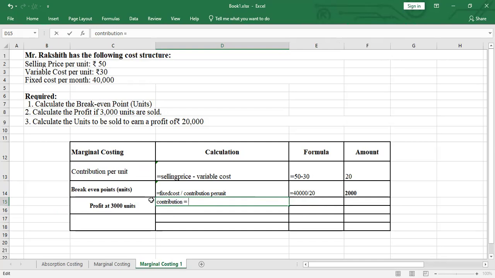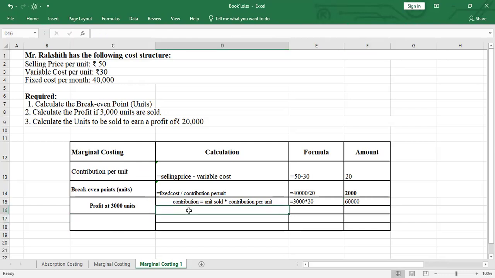Contribution equals units sold multiplied by contribution per unit, which is units sold, how much? 3,000 multiplied by 20 rupees. Amount will be 60,000.